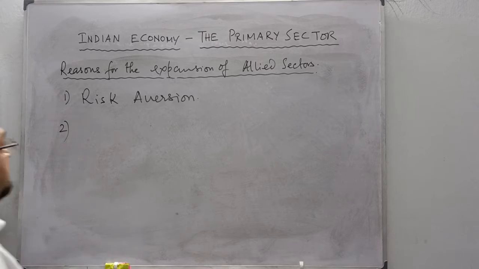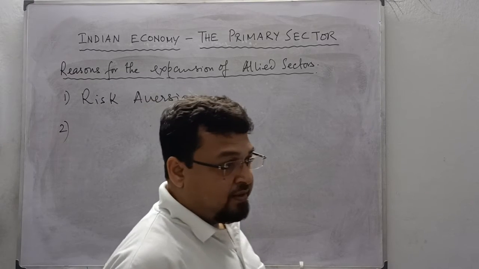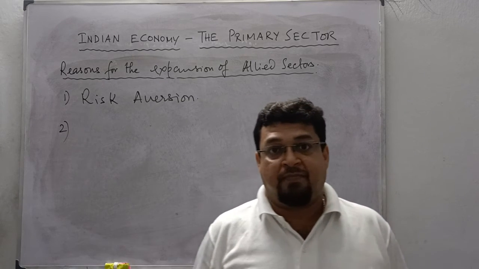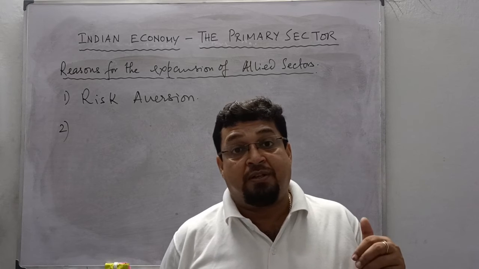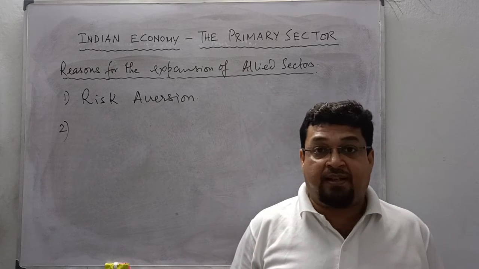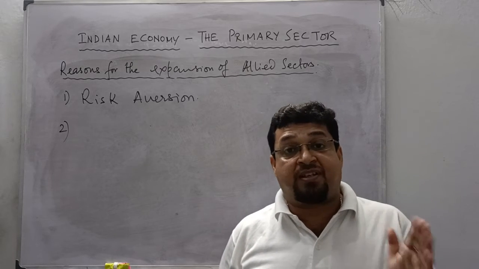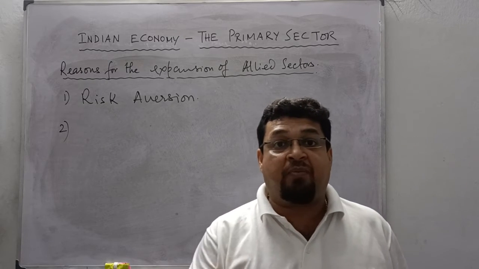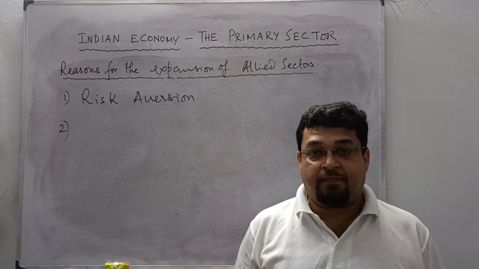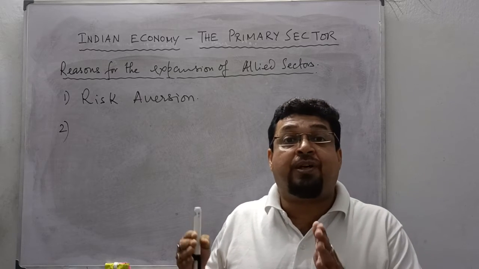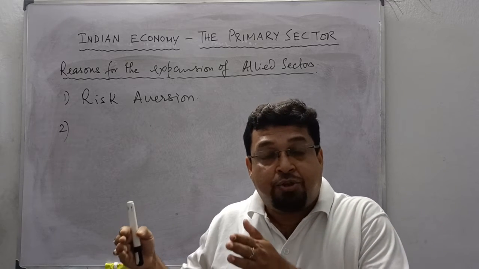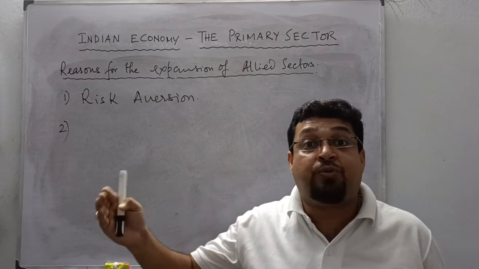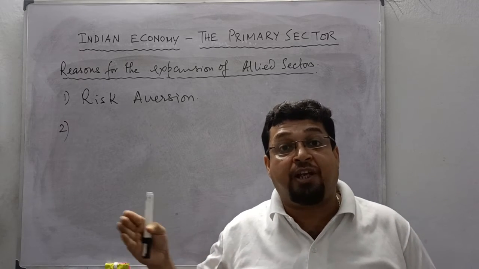And secondly, if such income fluctuations and natural calamities are there, if seasonal effects are adversely affecting the employment of the rural people, how can they sustain a sustainable income throughout the year? We talk about continuity.